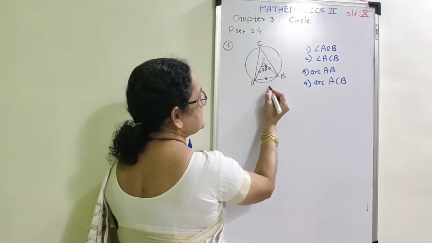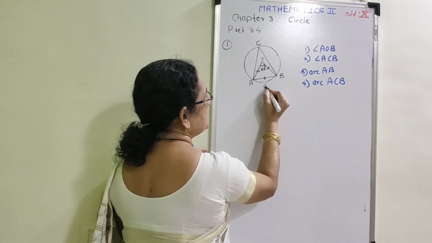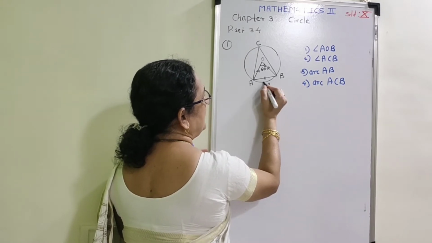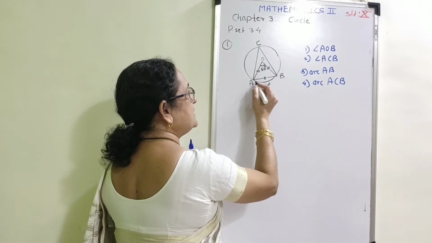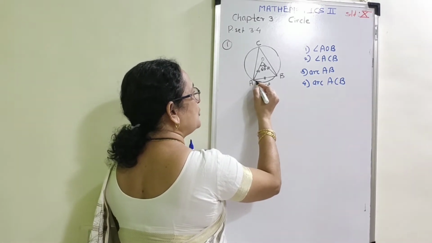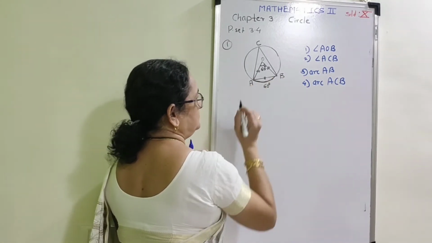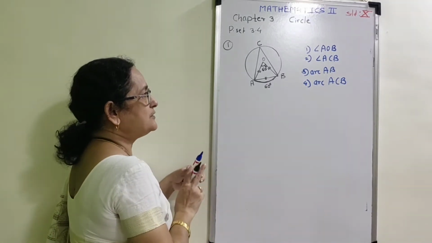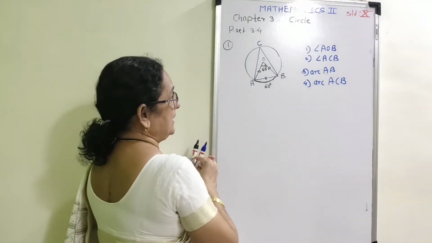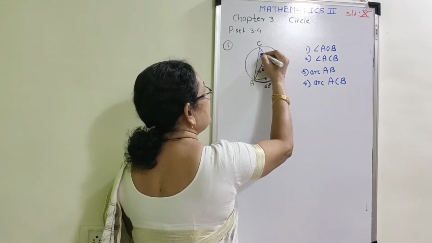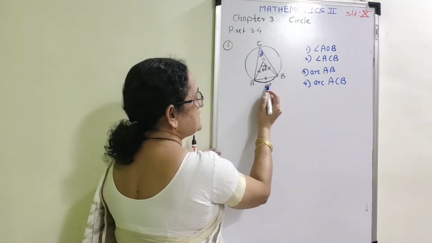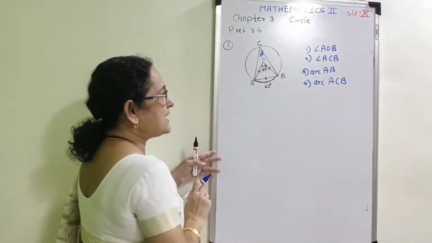If this angle is 60, arc AB is also 60 degrees by the definition of central angle. The measure of a central angle is equal to the corresponding measure of the arc, and therefore arc AB is also 60 degrees. If arc AB is 60 degrees, the measure of this angle C is equal to 30 degrees, since it is exactly half of the measure of this arc.